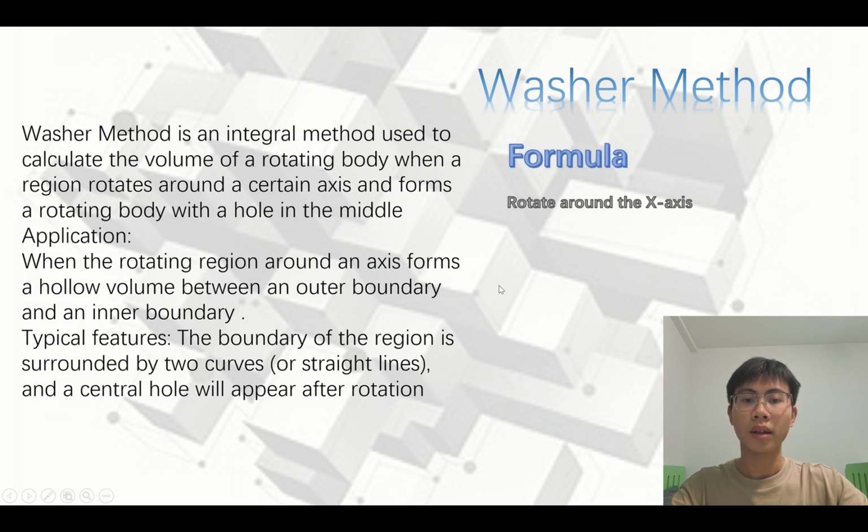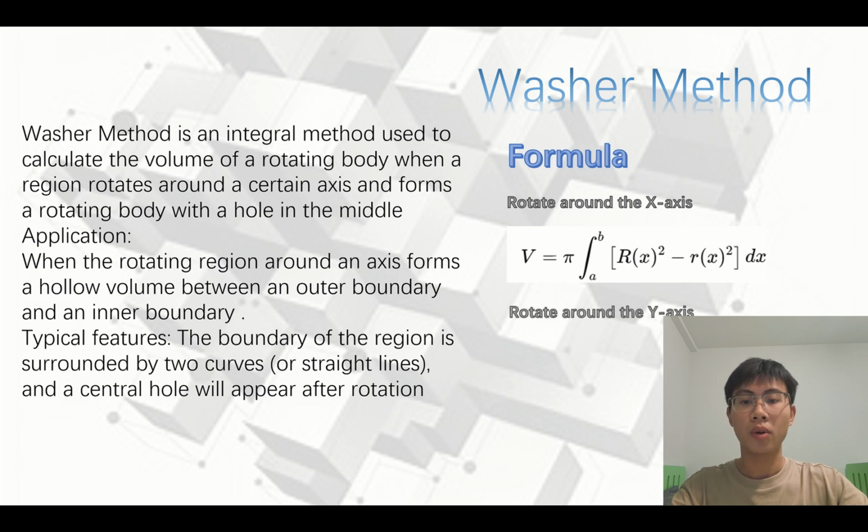When rotated around the x-axis, V equals pi integral from a to b of R(x) squared minus r(x) squared dx. When rotated around the y-axis, V equals pi integral from a to b of R(y) squared minus r(y) squared dy.